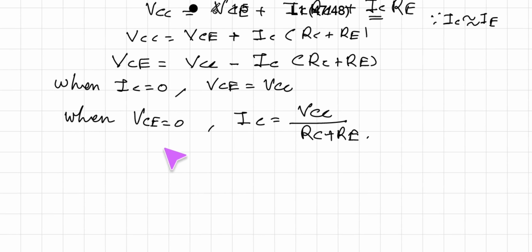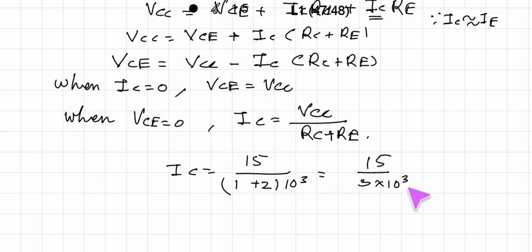Now we know the value of VCC, RC and RE. Putting those values, IC is equal to 15 divided by (RC is 1 kilo ohm and RE is 2 kilo ohm, so 1 plus 2) into 10 raised to 3, that is equal to 15 divided by 3 into 10 raised to 3, and that turns out to be 5 milliampere.